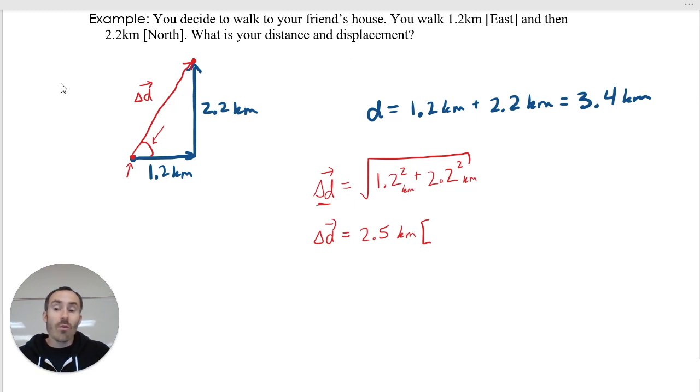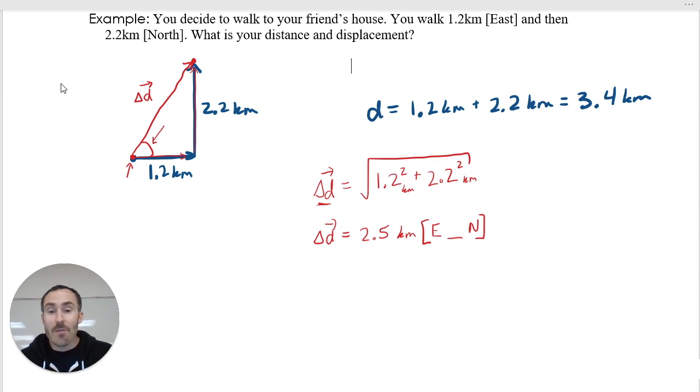And so we started measuring toward the east, and we rotated up toward the north to measure that angle, and so it's going to be east something degrees north. So I'm going to write down east and north here, and then I need to figure out what the angle is. And so we can use inverse tan.